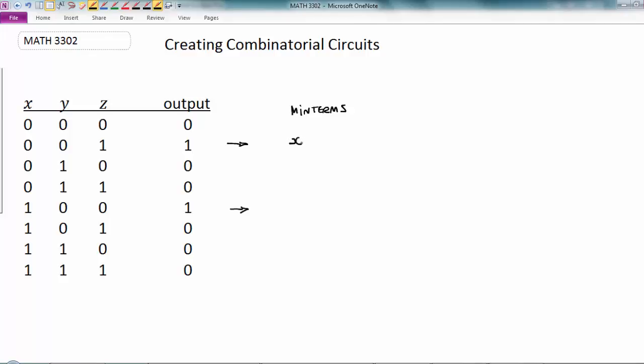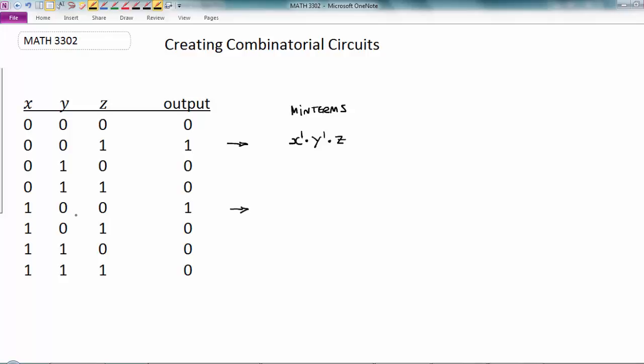So in this case, x has the input 0, so we use x apostrophe. That's the inverse of x. And then here AND, same thing with y, complement of y. And because z has the value 1, then we simply use z with no complement.